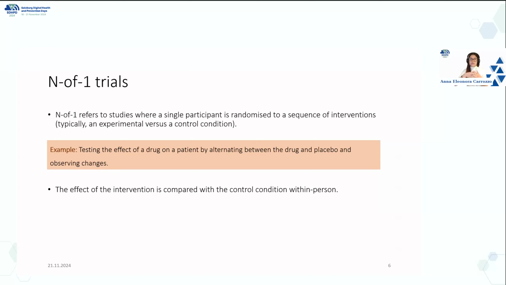Here, one subject is randomized to a sequence, so he or she receives both interventions in a random order. A typical example can be testing the effect of a drug on a patient by alternating between the drug and placebo and observing changes. So here the effect of the intervention is compared with the control condition within person.